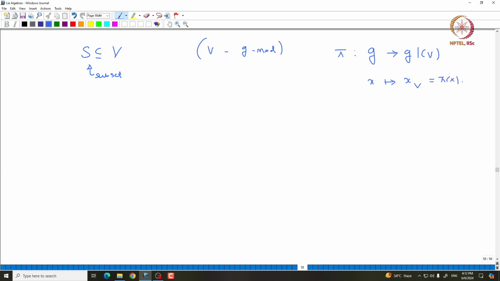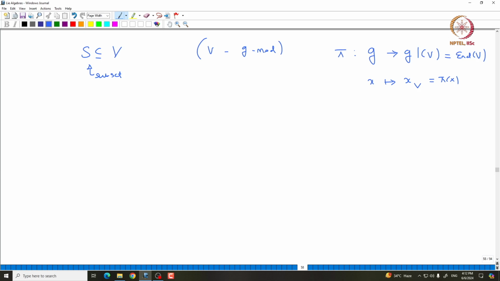Note that inside GL of V we also have matrix multiplication, or composition of maps. This GL of V is nothing but the endomorphism algebra of V, which is indeed an associative algebra, so we also have composition of maps giving multiplication there.